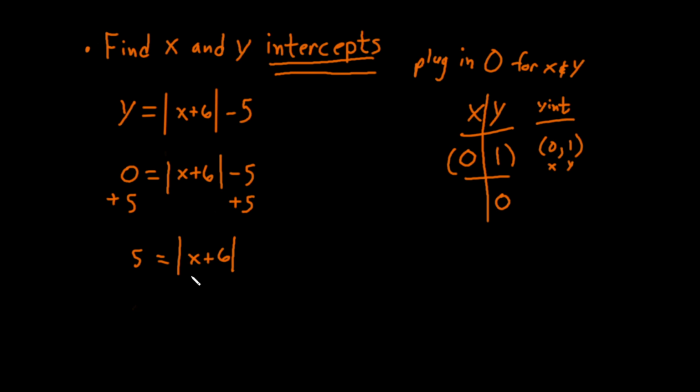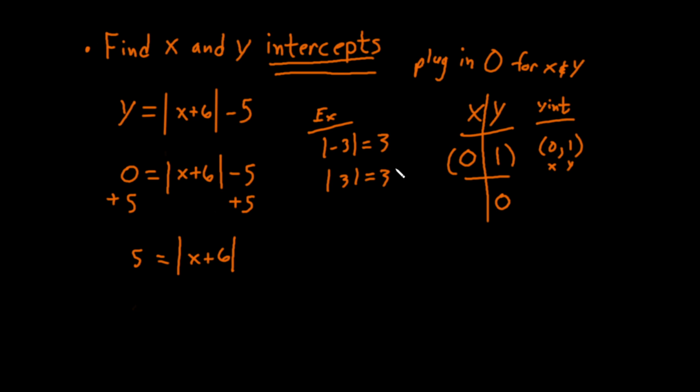The best way to go about that is, let's catch you up on absolute value. Remember, absolute value means the number of spaces away from 0. Just a quick refresher: the absolute value of negative 3 is positive 3, and the absolute value of positive 3 is also positive 3.